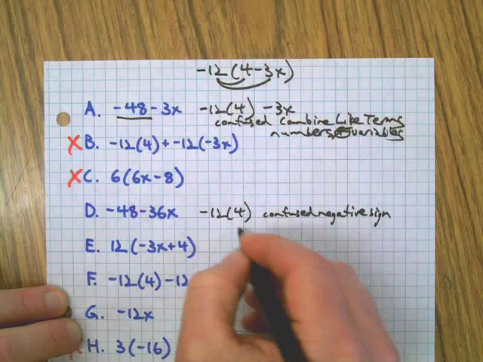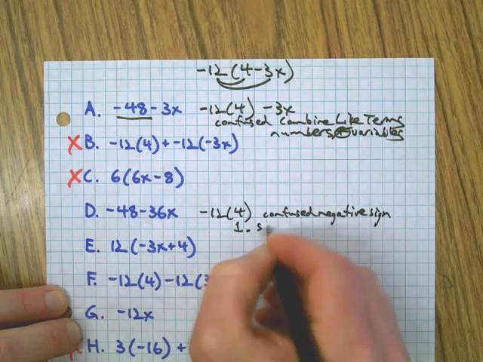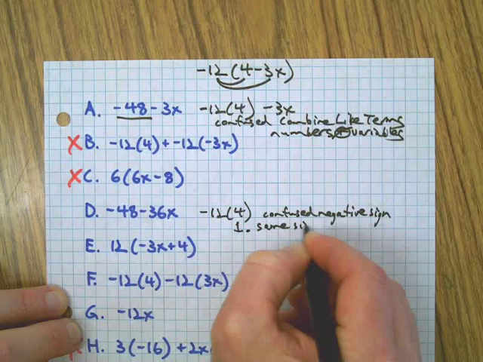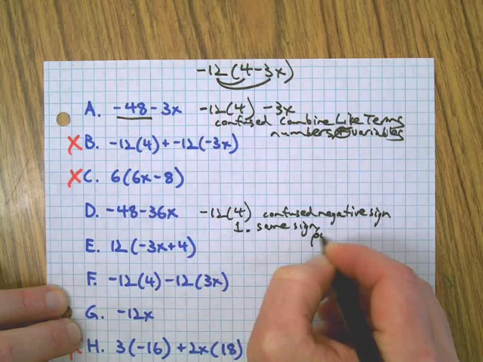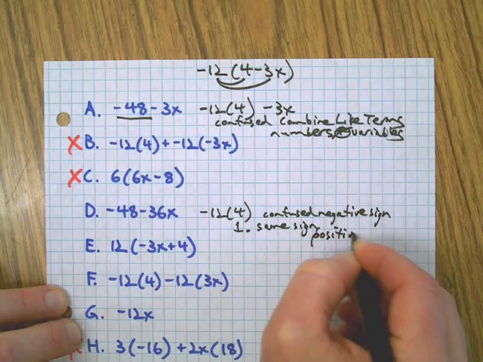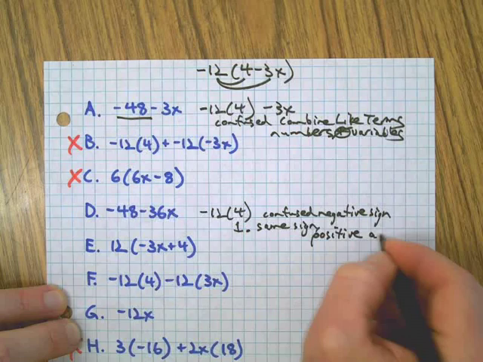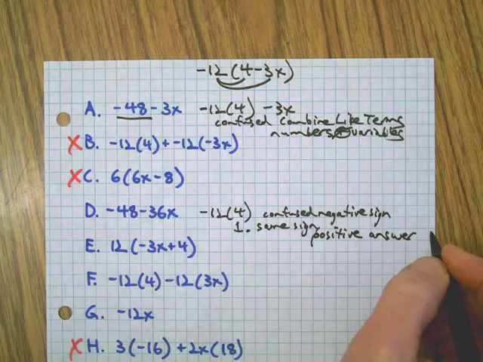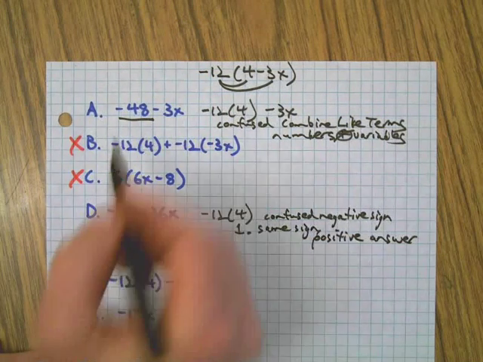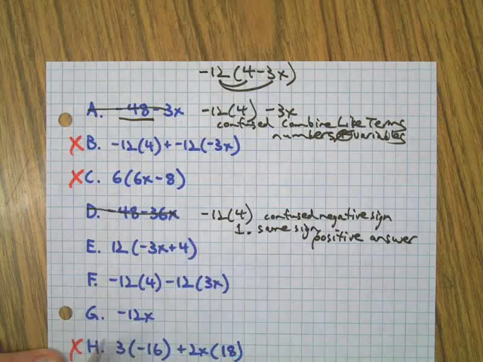But all you need to remember is just simply that here's the one rule. Rule number 1, same sign makes a positive answer. So if they're both negative, it's positive. If they're both positive, it's positive. Okay? That's the only rule you need. So that's why those are both wrong.